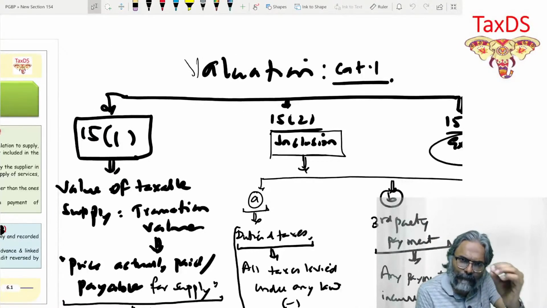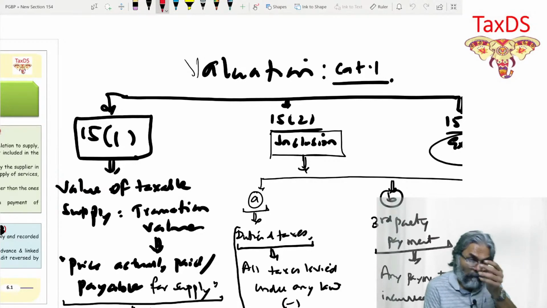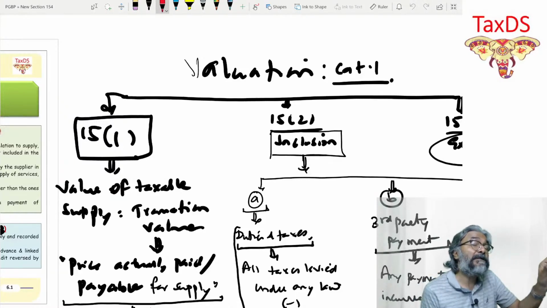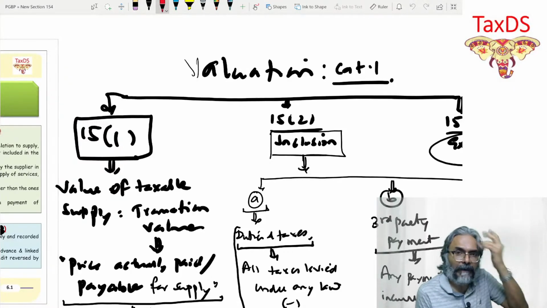A very quick recap, students. I told you that the valuation scheme has got two categories. Category 1 valuation, if you can recall, is in 15.1, 15.2 and 15.3.